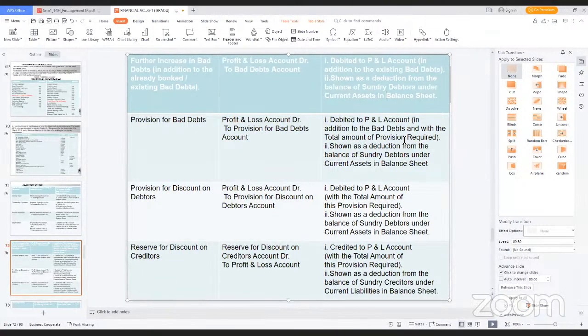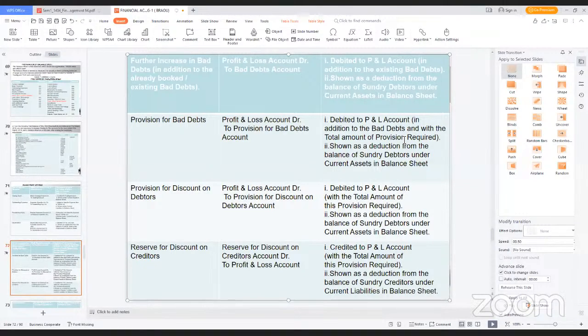Is it clear? Profit and loss account debit to provision for discount on debtors account. The treatment is, the first point, you have to debit it to the P&L account with the total amount of this provision required.